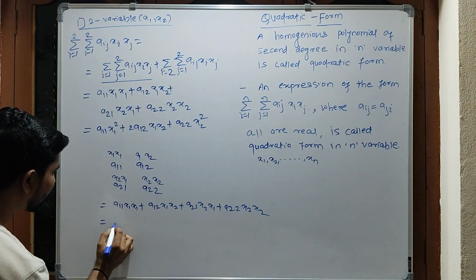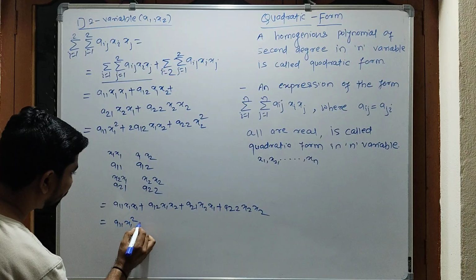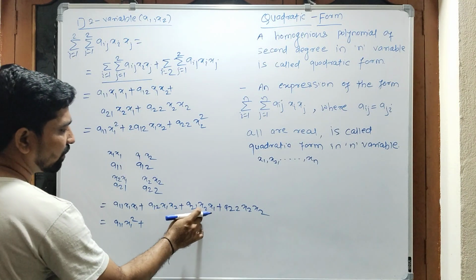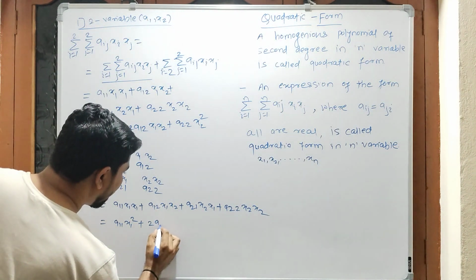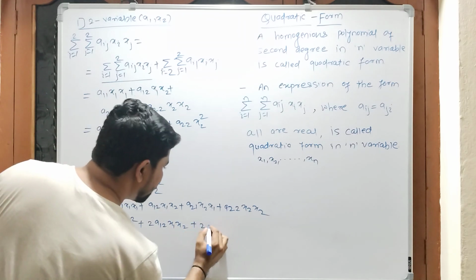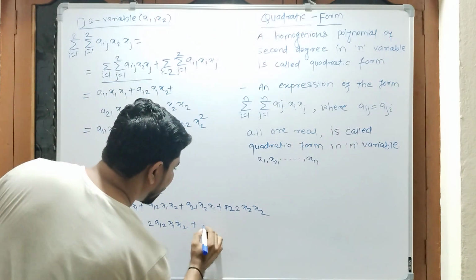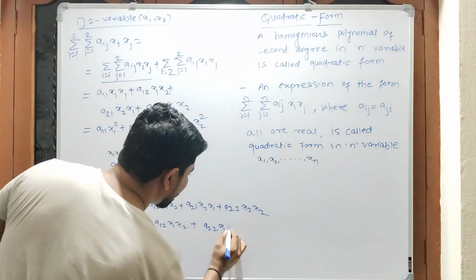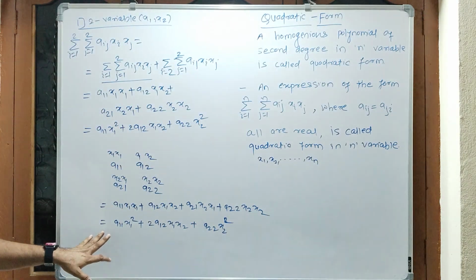So this is the same as A11 x1 square plus, since A12 is the same as A21, 2 times A12 x1 x2 plus A22 x2 square. So in this way also you can write.